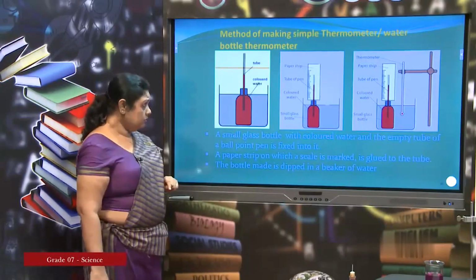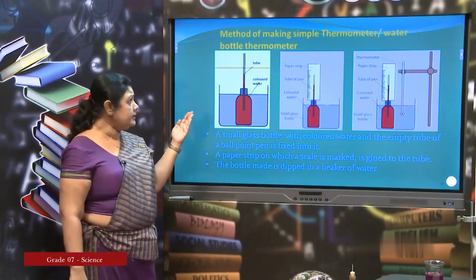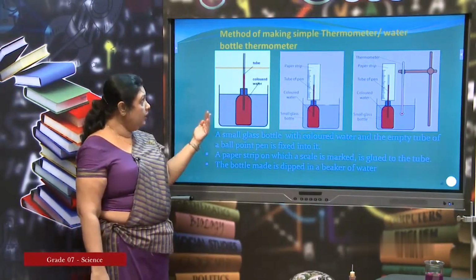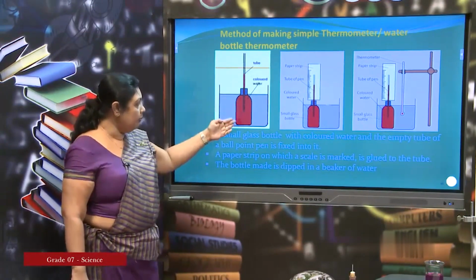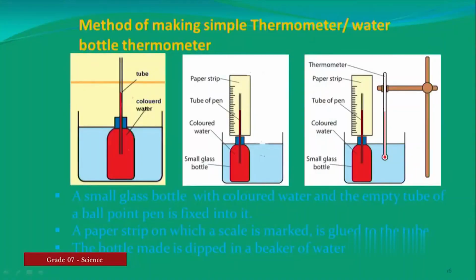Here it is explained further. This is the setup you first make. After that, this is how it is kept in water. After that, you can see the thermometer in the last diagram, and with the help of the stand, you boil that water.